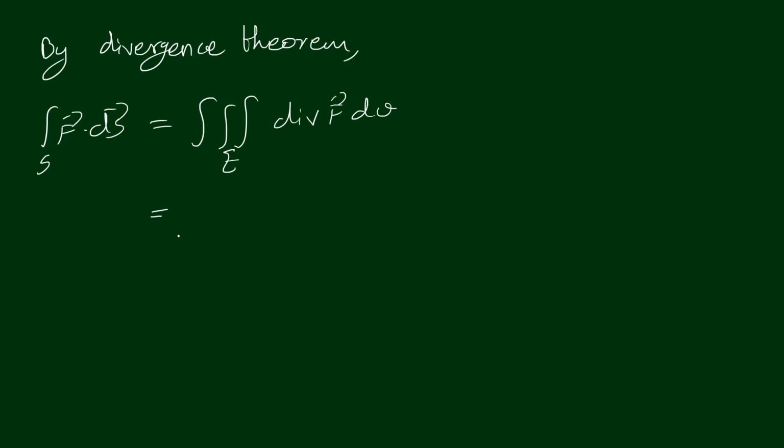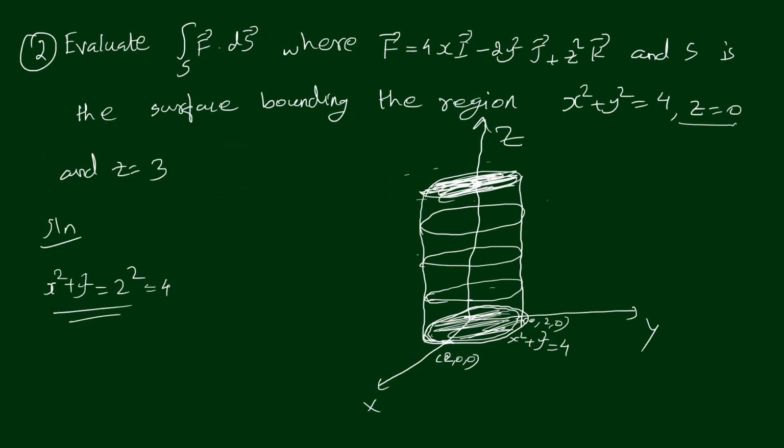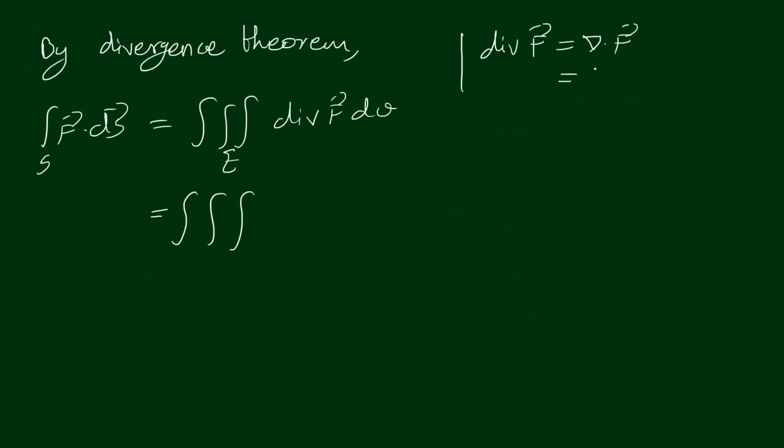So what is the divergence actually? You can just find div F. Div F is equal to del dot F. What is the F vector here? F vector is 4x i minus 2y square j plus z square k.